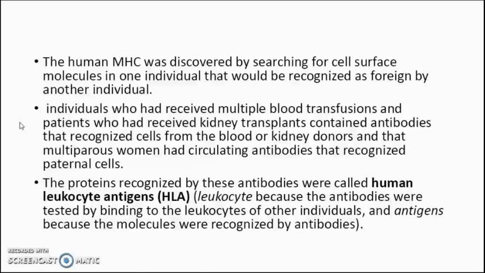The proteins recognized by these antibodies were called human leukocyte antigens, HLA. Leukocyte because the antibodies were tested by binding to the leukocytes of other individuals. Antigen because the molecules were recognized by antibodies.